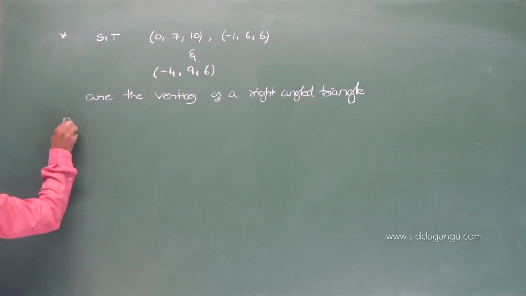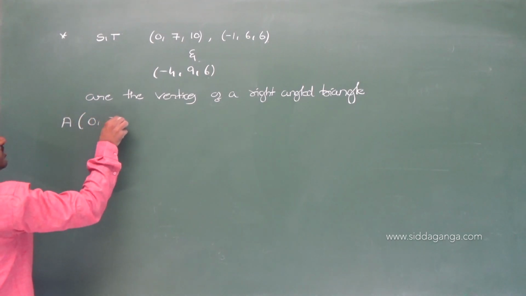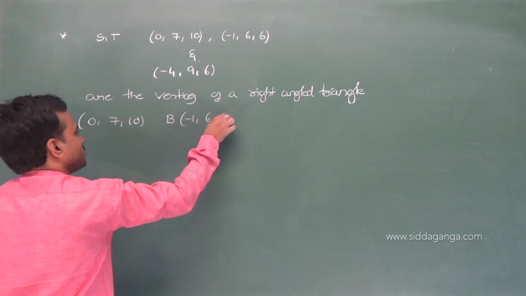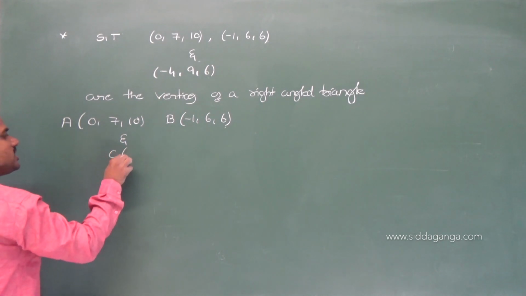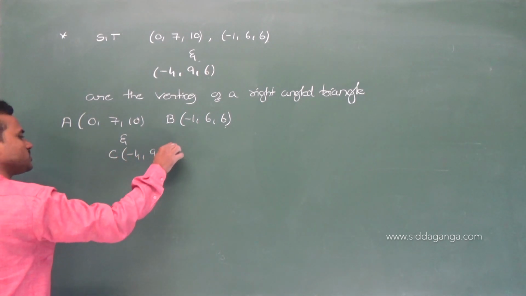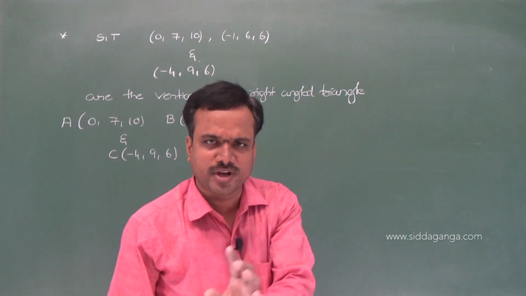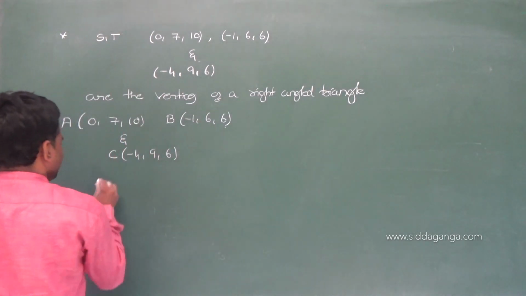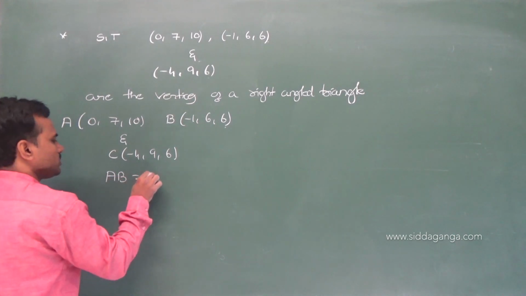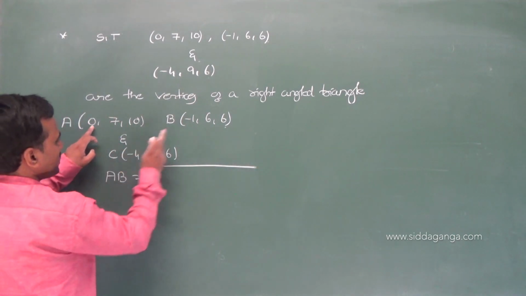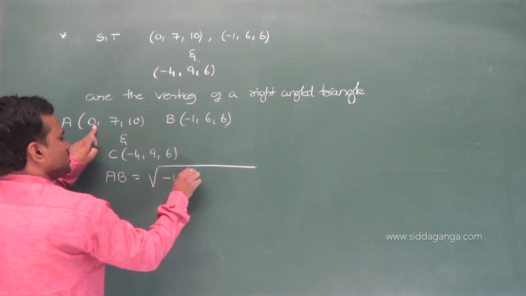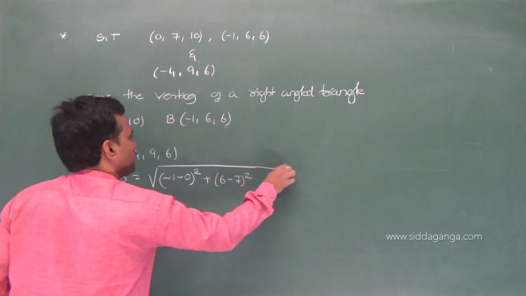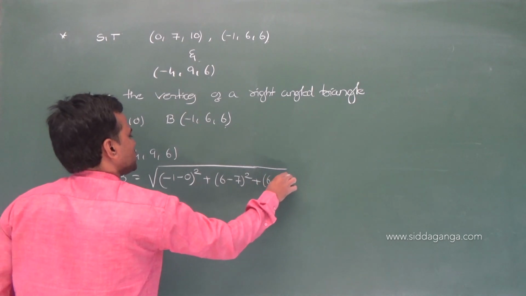The first point I treat as A (0, 7, 10), the second point B (minus 1, 6, 6) and the third point C (minus 4, 9, 6). Same method: we calculate the distance from A to B, from B to C and from A to C. Firstly, AB is square root of (minus 1 minus 0) whole square plus (6 minus 7) whole square plus (6 minus 10) whole square.